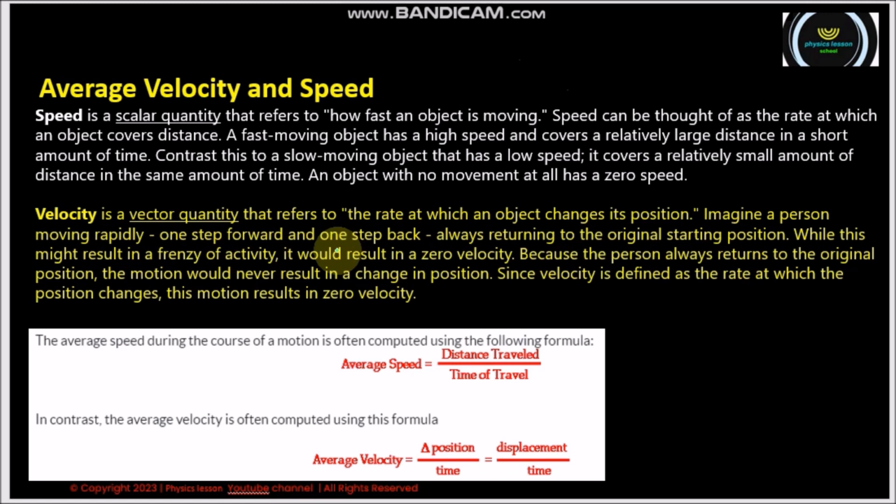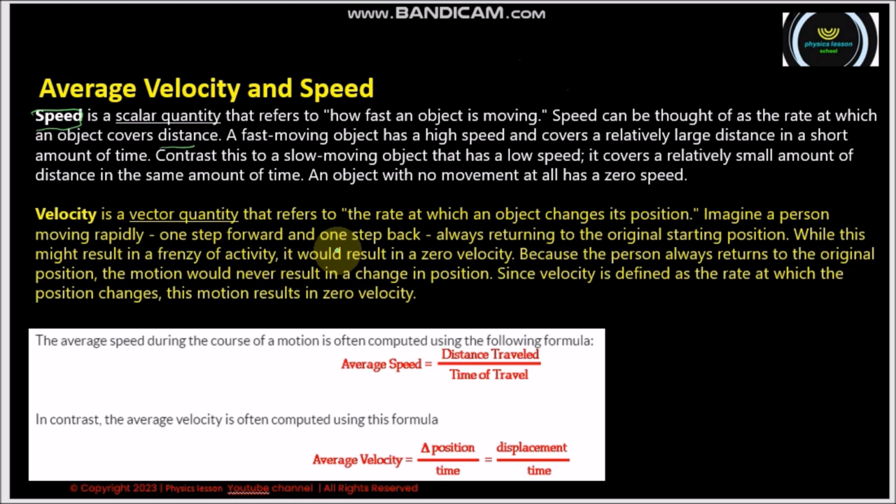Speed is a scalar physical quantity that refers to how fast an object is moving. Speed can be thought of as the rate at which an object covers a distance.